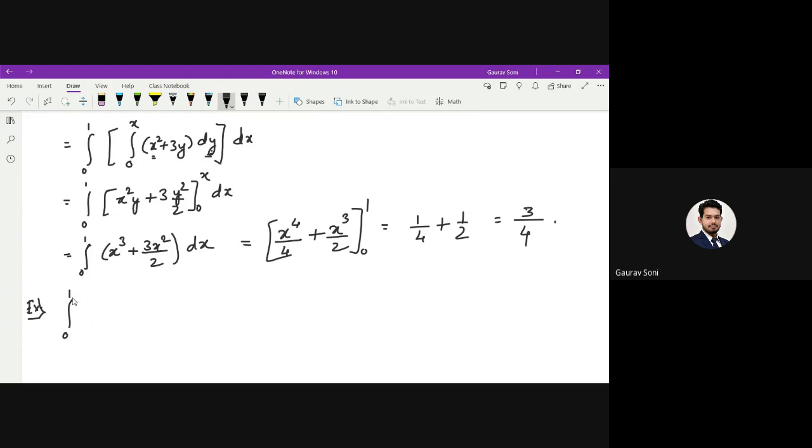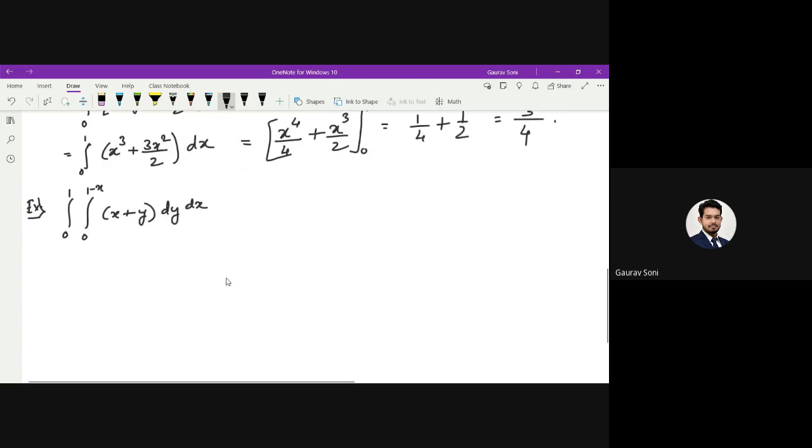Integration 0 to 1, 0 to 1 minus x plus y dy dx. Order is important. I am telling you, you cannot interchange dy and dx here. 0 to 1, in bracket integration 0 to 1 minus x of x plus y dy dx. 0 to 1.